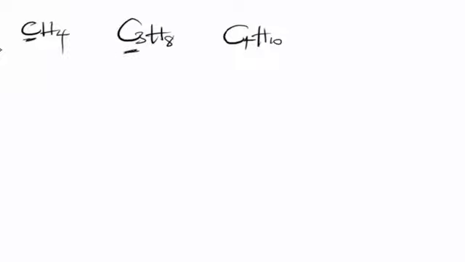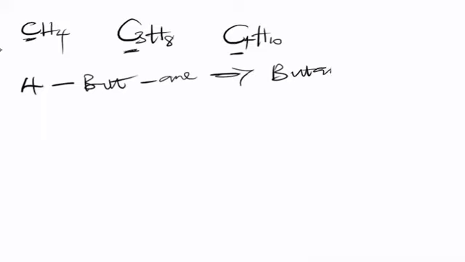If I have C4H10, what should this organic compound be? That is butane. We know that 4 is but. So if I add ane, that gives me butane. So simple as it goes.